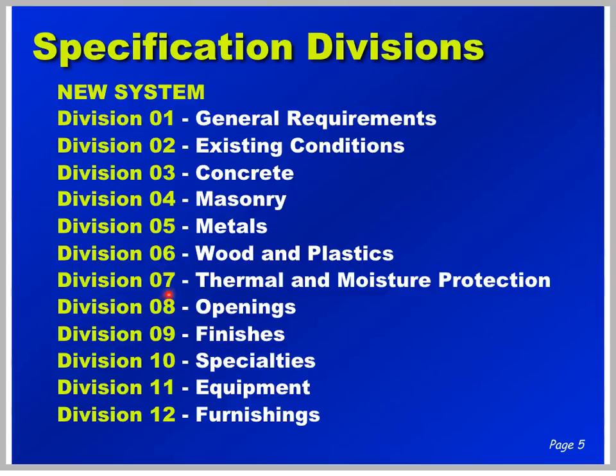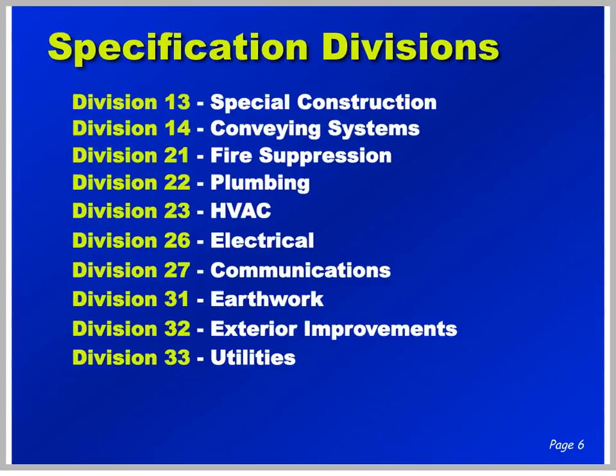Wood is the same, thermal's the same, openings is now a new division, finishes has always been 09, specialties has always been 10, 11 equipment, 12 furnishings, 13 special construction, 14 I believe, I think that's new, conveying systems, fire suppression is new, plumbing's new, 23 HVAC is new, 26 electrical is new, 27 communications.